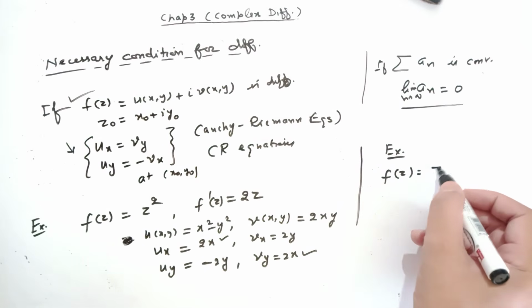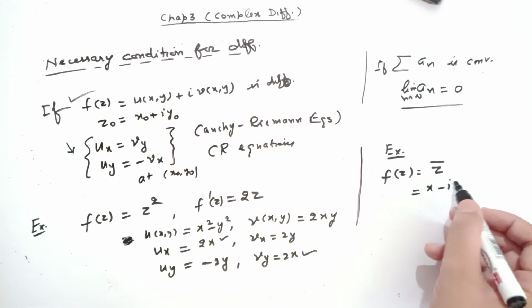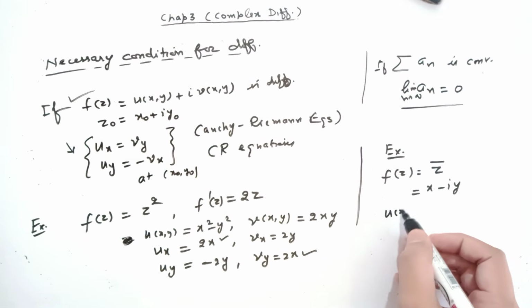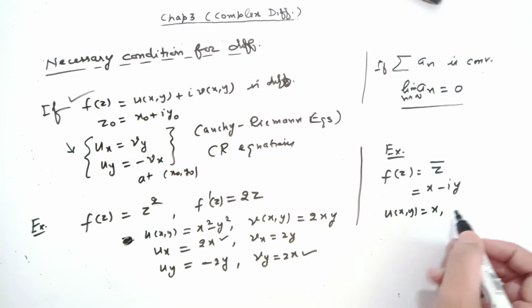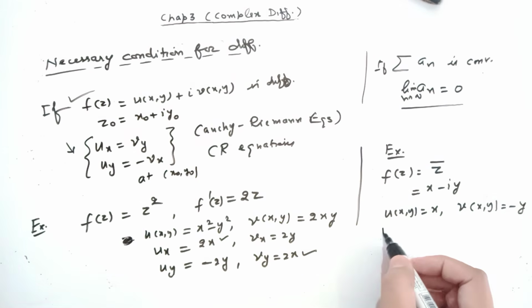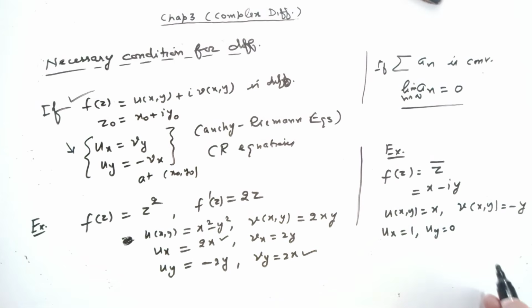See this function f(z) equal to z bar. It is x minus iota y in terms of x, y. What is u(x,y) here? x, v(x,y) minus y. So what is ux? 1, uy 0, vx 0, vy minus 1. So what are the points where CR equations are not satisfied?